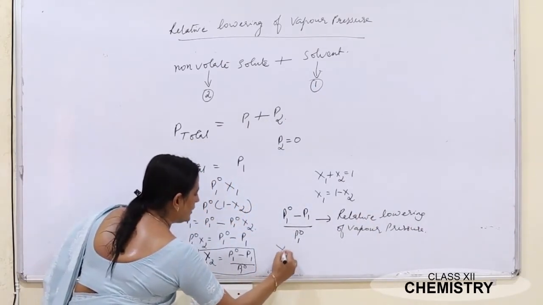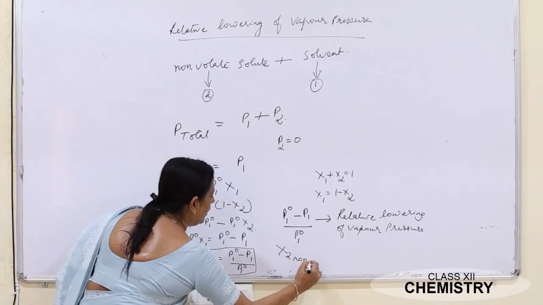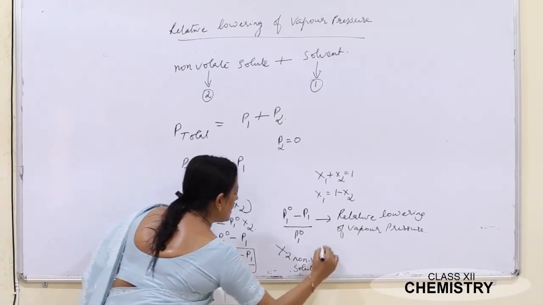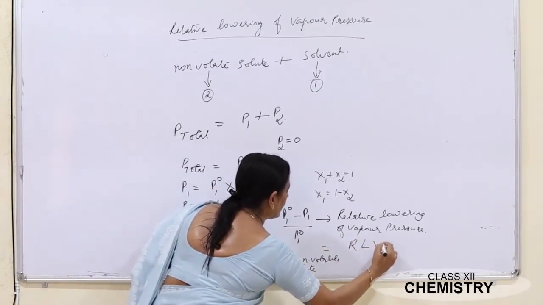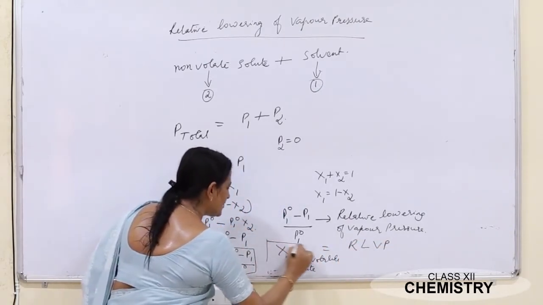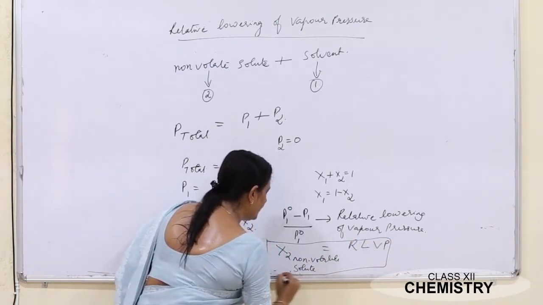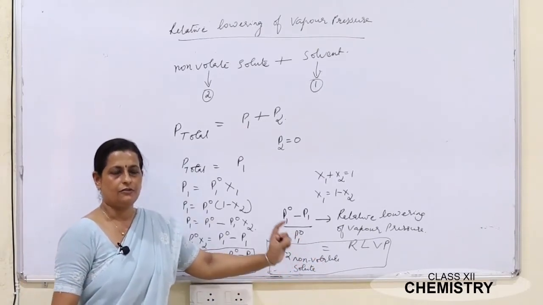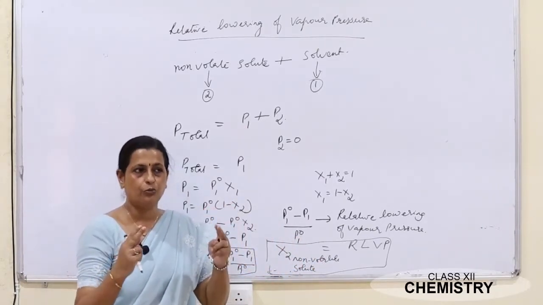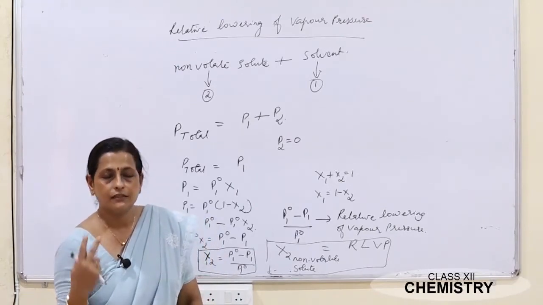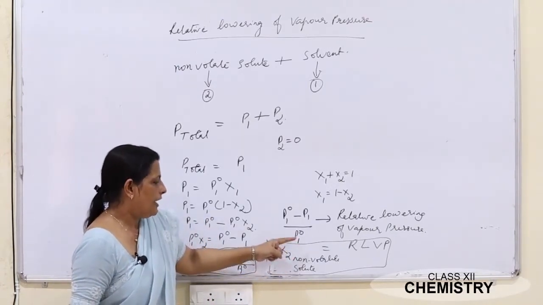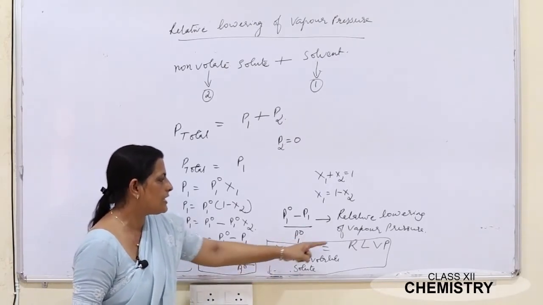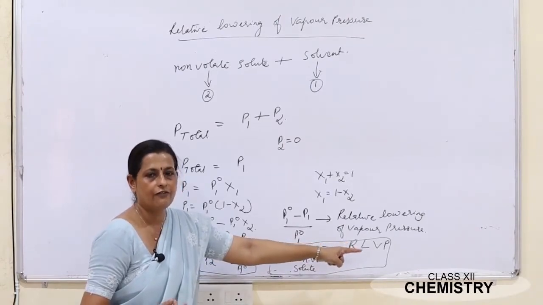The mole fraction of the non-volatile solute is equal to relative lowering of vapor pressure. So this is also the definition of Raoult's law when the solute is non-volatile. Raoult had performed experiments both with volatile solute as well as non-volatile. So according to Raoult's law, when the solute is non-volatile, its mole fraction is equal to what? Relative lowering of vapor pressure.